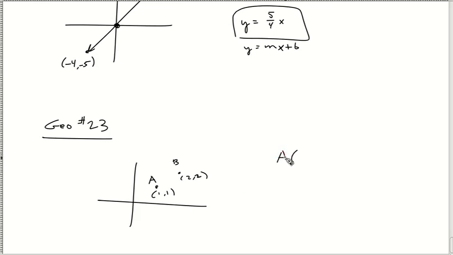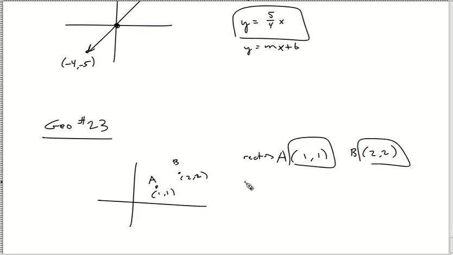So yeah, the rectangular is 1, 1 and 2, 2. Oh, you're so smart! Great job! Yeah, I know I'm smart. Anyways, yeah, you actually do have to type those in.